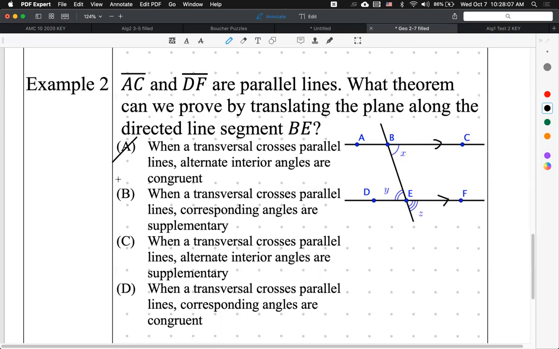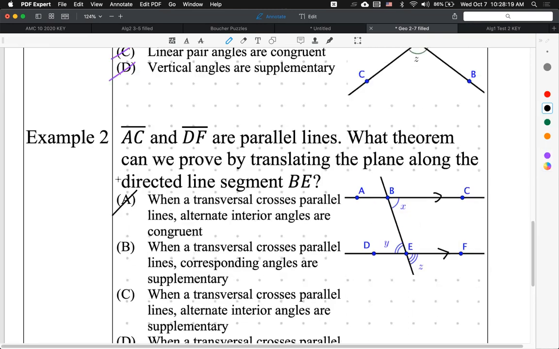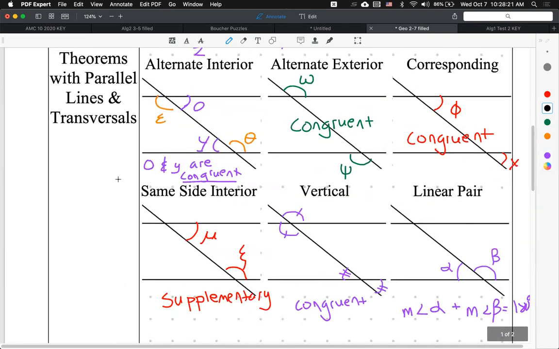Okay, B. When a transversal crosses parallel lines, corresponding angles are supplementary. All right, what are corresponding angles again? Maybe you have to look back at your notes. Let's scroll back up. What are corresponding angles? Let's review. So alternate interior, that was the letter Z, the armpits of the Z. Corresponding angles look like this, kind of just moving down. Ooh, moving down.